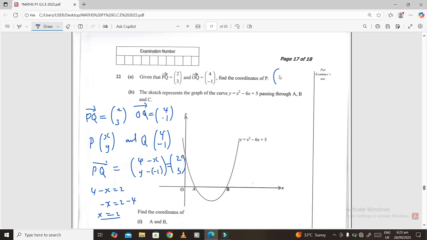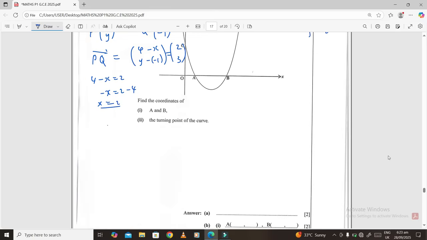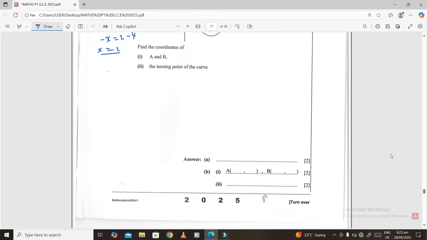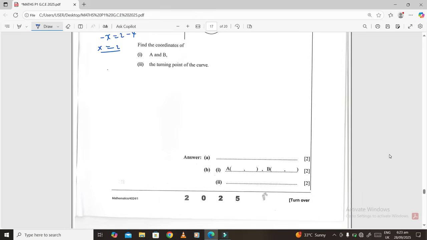So the coordinates are 2, comma, for the y, we get the y equation, that is y plus 1 is equal to 3. Y is equal to 3 minus 1. Y is equal to 2. So it's also 2. Okay. We go to the next question. Actually, here we can write P is 2, 2. We go to the next question.